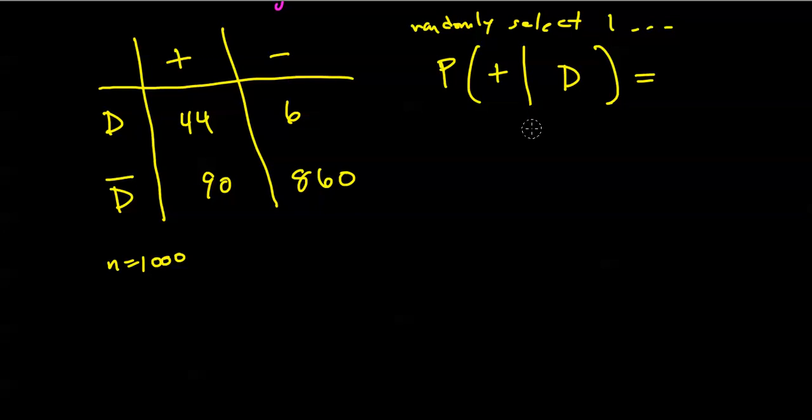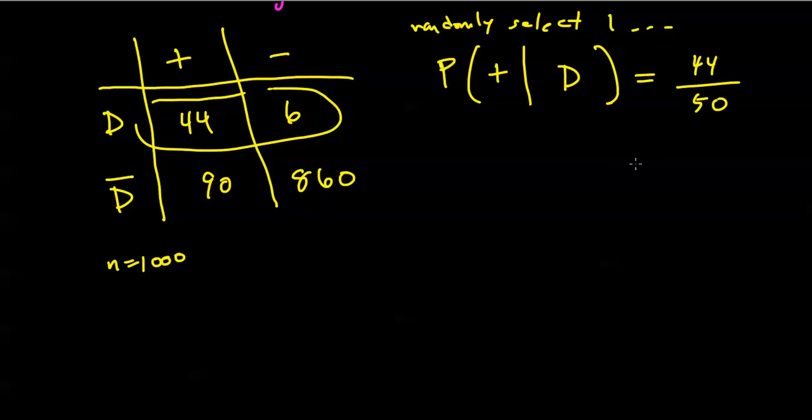Alright, so we're going to assume a drug user was chosen. And we've got 50 drug users in this sample. Within that restricted pool, how many of them received a positive test? Well, clearly 44 out of those 50 had a positive test. And if I simplify that to a decimal, it's 0.88.